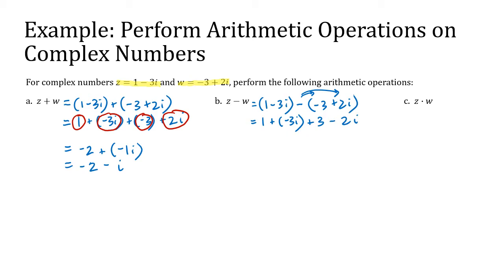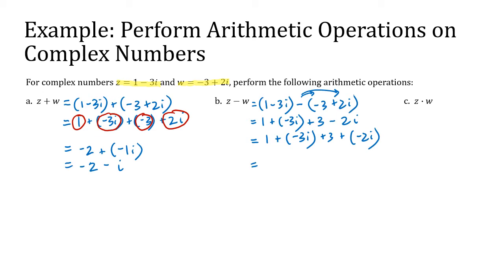Or maybe we want to rewrite that as 1 plus -3i plus 3 plus -2i. You may or may not want to do that step where you change it from subtraction into adding the opposite. It can be really handy if you find that you're making some mistakes where the signs are off.